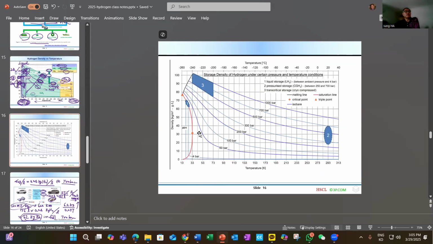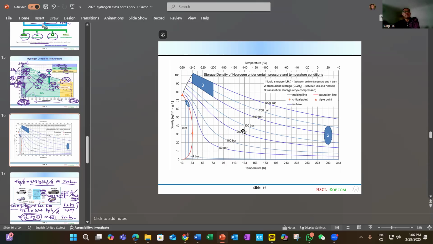Let me use this slide. This vertical axis is the density of hydrogen, and this horizontal axis is the temperature. So this is room temperature with a certain pressure. To reach a certain level of density at room temperature, we need to have a certain pressure.